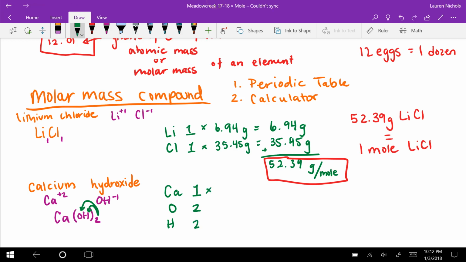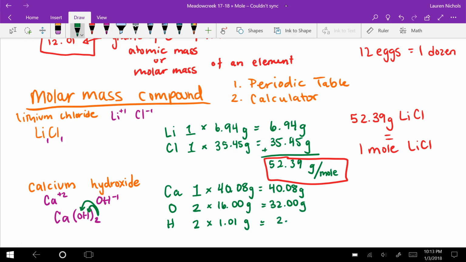And then we're going to multiply them by their mass on the periodic table. So calcium has a mass of 40.08 grams, oxygen is 16.00 grams, and hydrogen is 1.01 grams. And so when we multiply this through, we get 40.08 grams, 32.00 grams. Notice I'm still keeping my decimals and not rounding it to just 32 because that can change the significant figures of an answer.